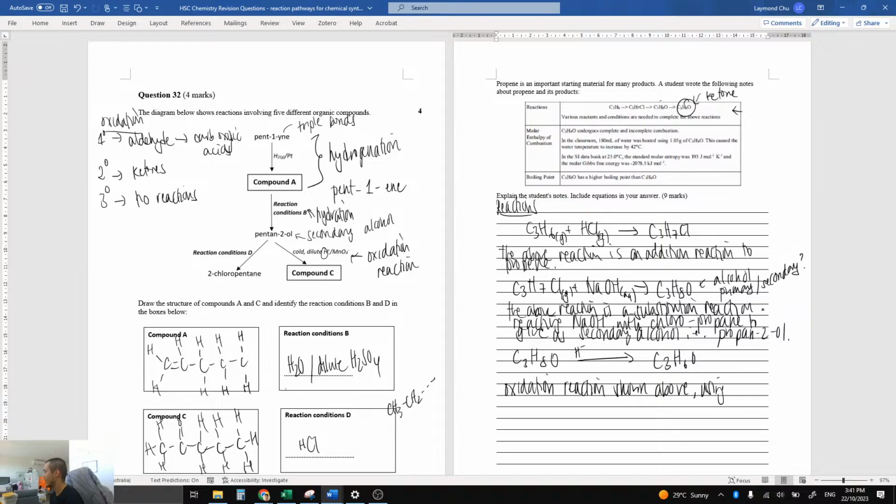We either use acidified permanganate, MnO4-, with the H+ that we also see there, or we can use acidified dichromate. These are very oxygen-rich substances, which provide the oxygen source required. Using acidified dichromate or acidified permanganate.